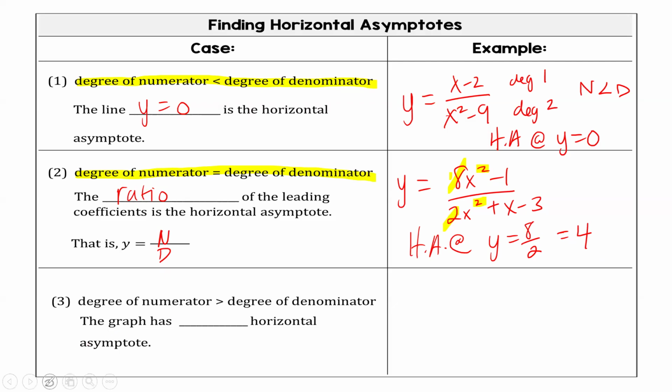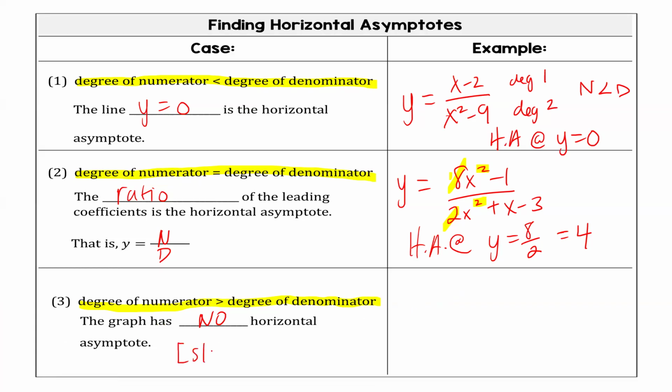All right, our last rule is if the degree of the numerator is greater than the degree of the denominator, you have no horizontal asymptote. Say it with me. No horizontal asymptote. Does anyone remember what you have?